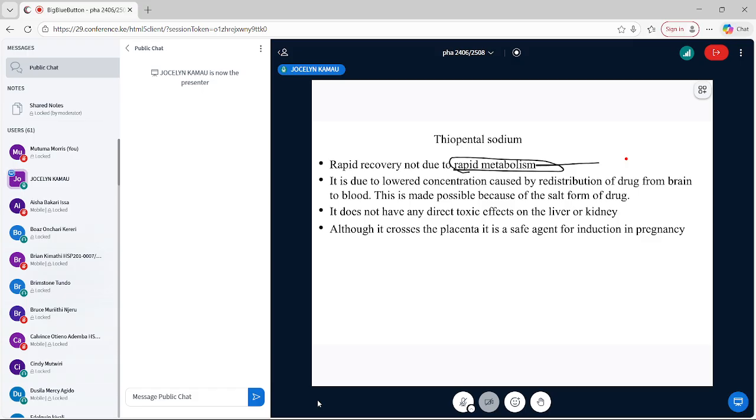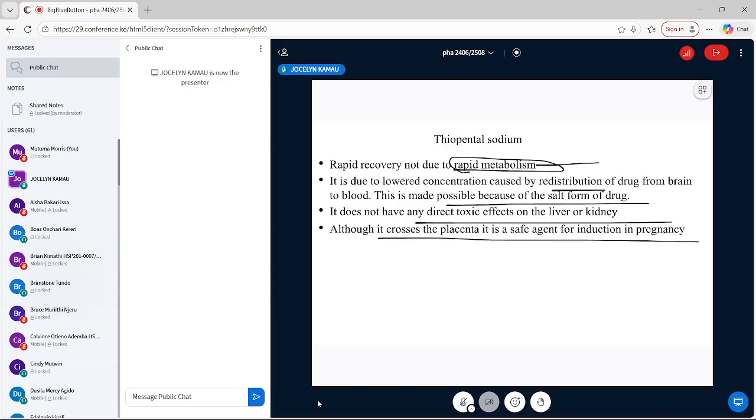What gives it its short duration of action is its redistribution because of its high lipid solubility. It is due to lower concentrations caused by redistribution of the drug from the brain to the blood. This is made possible because of the salt form of the drug. It does not have any direct toxic effects on the liver or kidney. Although it crosses the placenta, it is a safe agent for induction in pregnancy.